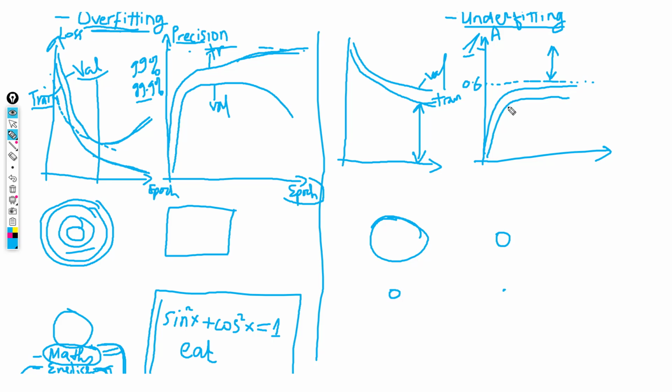It also turns out that sometimes you may have a situation where you have even a very complex model, but that model still underfits. And that's because that model hasn't been built in a way that it could extract useful information from this data.